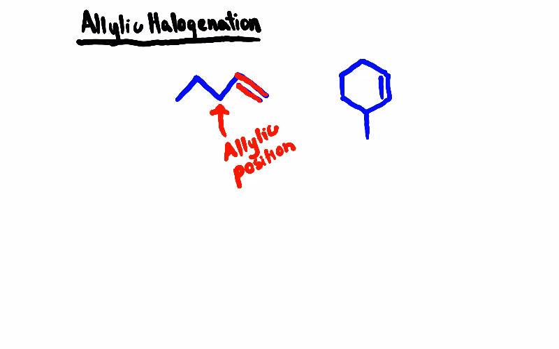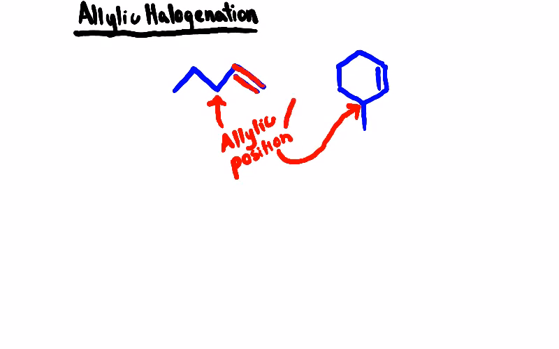We can also find the allylic position in this cycloalkene on the right as the position shown with the red arrow here at the bottom. And also there's a second allylic position if we come up here to the top to the 12 o'clock position of that molecule.